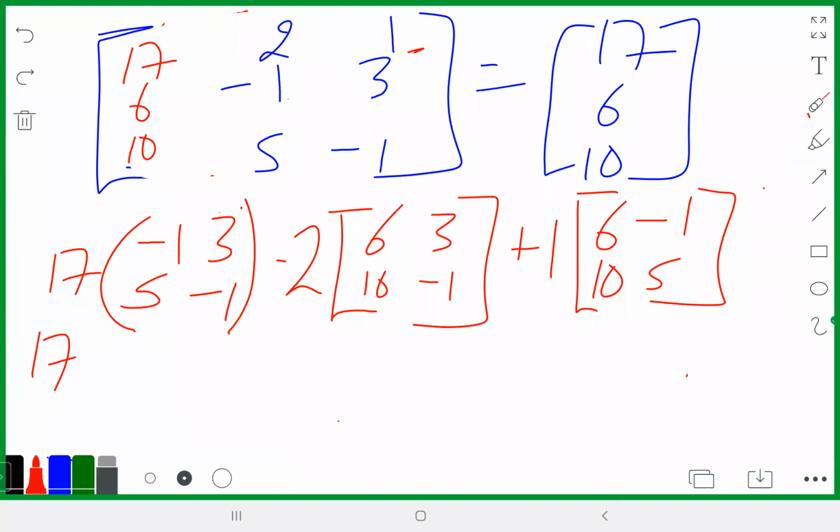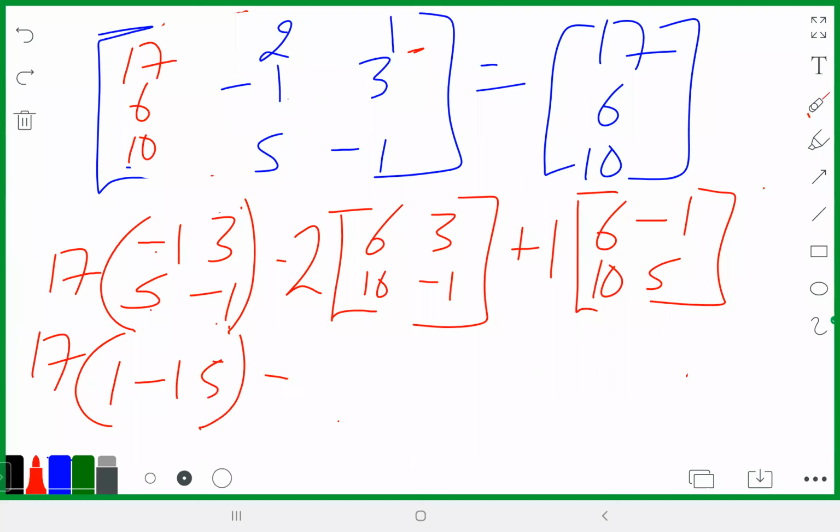So from here, we can go ahead and find the determinant. We say 17 times, what is -1 times -1? You know how to find the determinant of a 2 by 2 matrix. -1 times -1 is 1, right? It's 1. Minus 5 times 3 is 15.